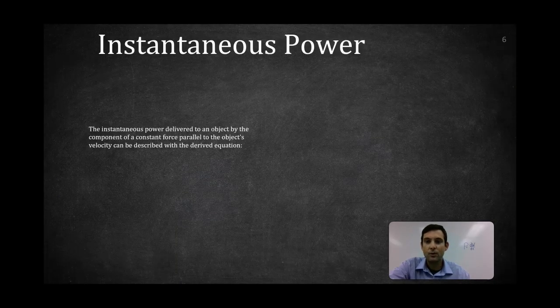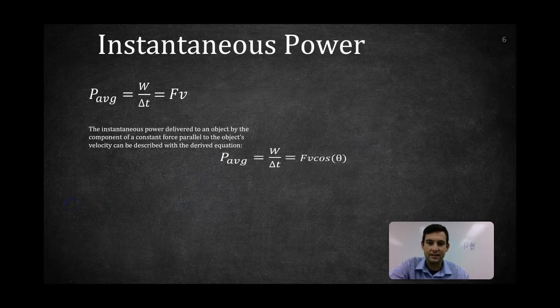Remember that our velocity vector has to be acting in the same direction as the force acting on it in order for work to be done. So we can show from our average power what our instantaneous power would be, using the component of the constant force that's parallel to the object's velocity, which just becomes F v cosine theta.